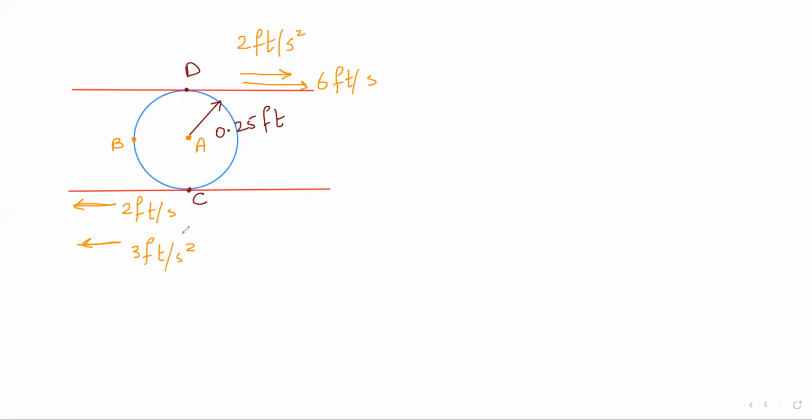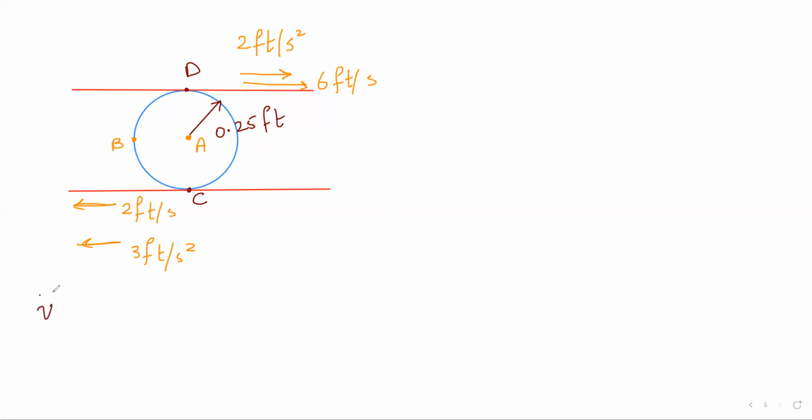No slippage means that point C will have the same velocity as -2 feet per second, and point D will have the velocity of 6 feet per second. The rack and the gear are not slipping. Okay.